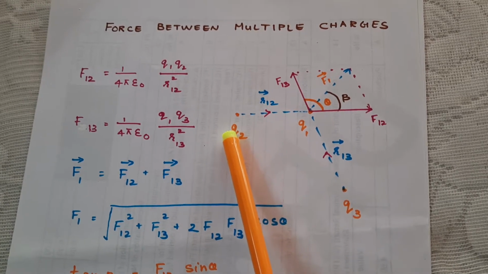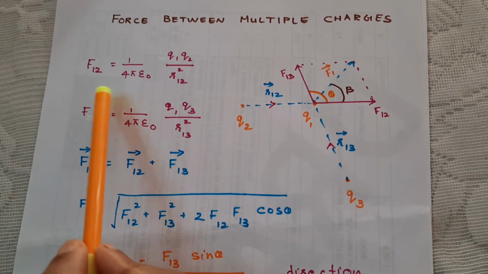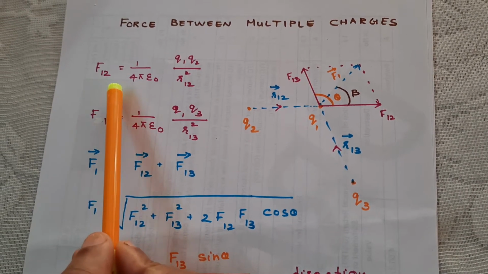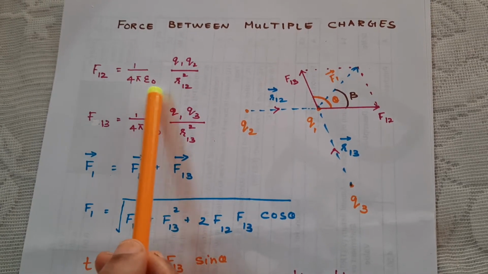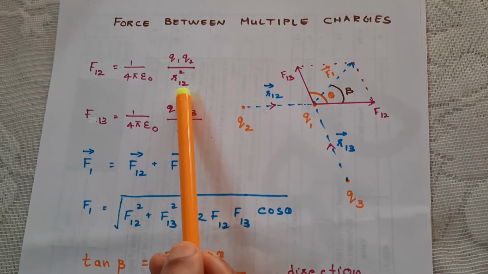Charge Q2 will exert a force on Q1. The magnitude of the force F12 is equal to 1 by 4 pi epsilon 0 Q1 Q2 by R12 square.